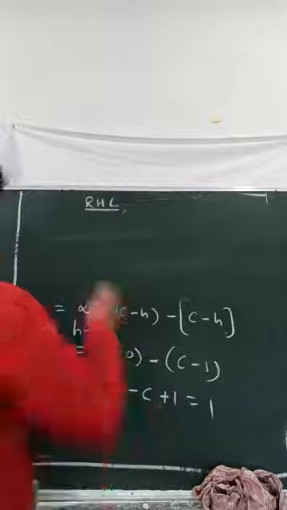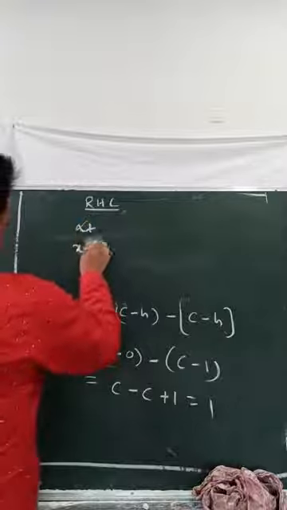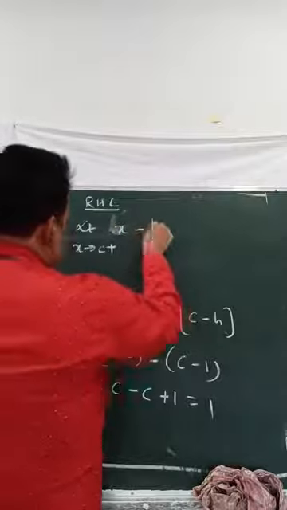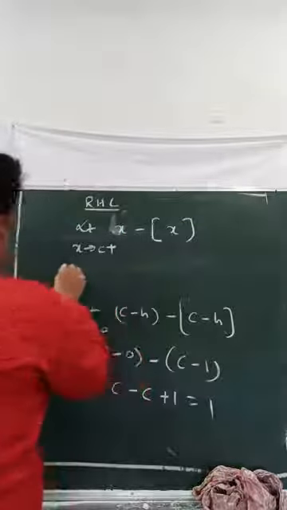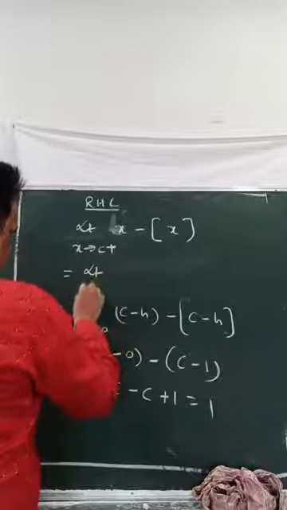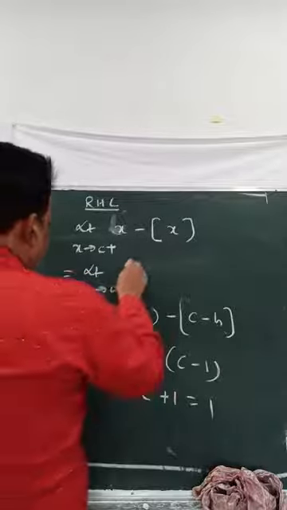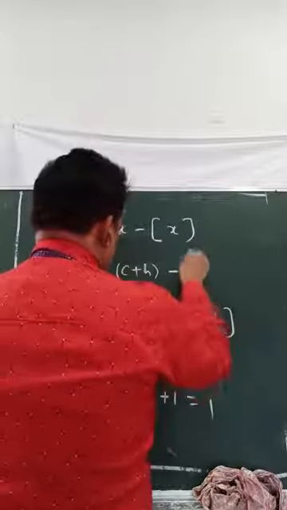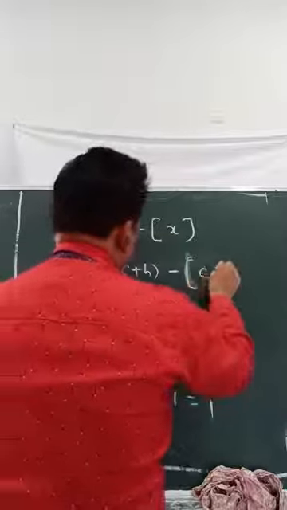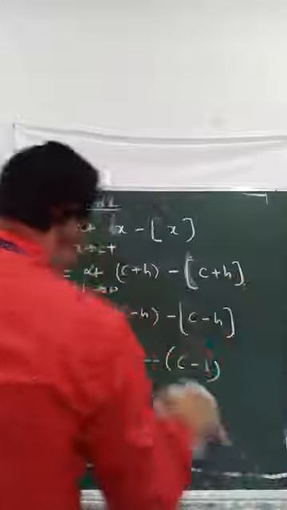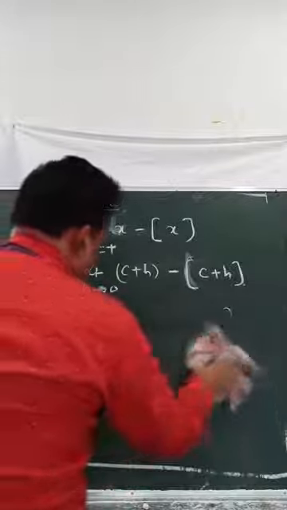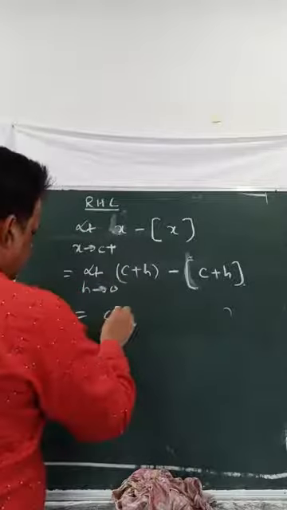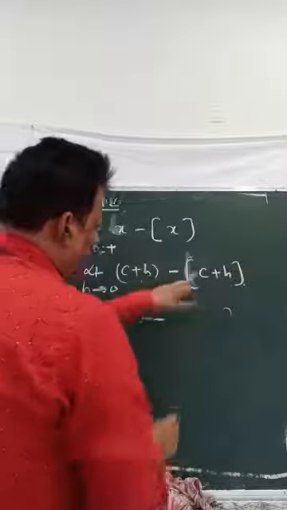Right hand limit, x tends to c plus of x minus box of x, that is limit h tends to 0, c plus h minus box of c plus h. So in the right hand limit, as I have told you, this is c plus 0, but in the greatest integer function this will be c only.